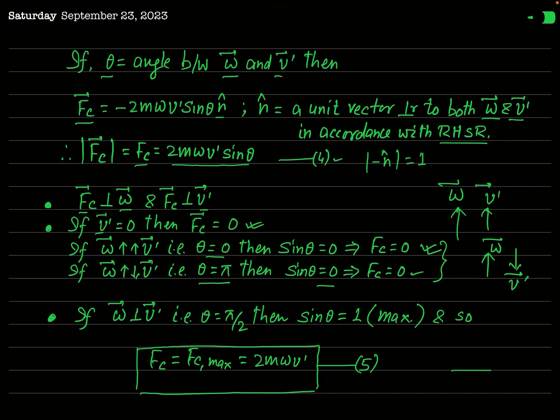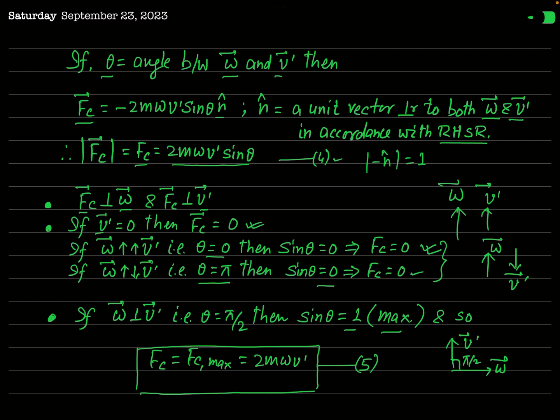Again, if these two vectors omega and v prime are perpendicular to one another, the angle between them is pi by 2, then sine theta will be equal to 1, and 1 is the maximum value of sine theta.